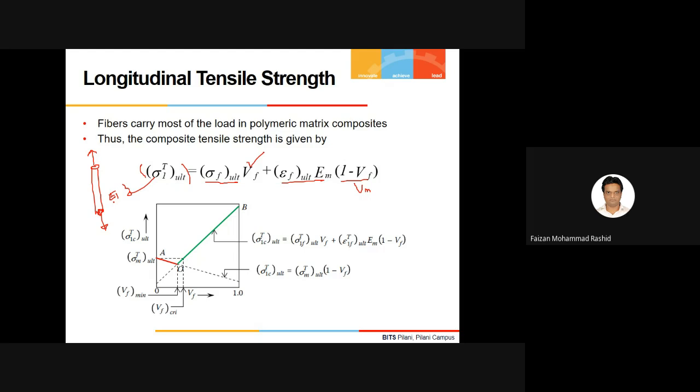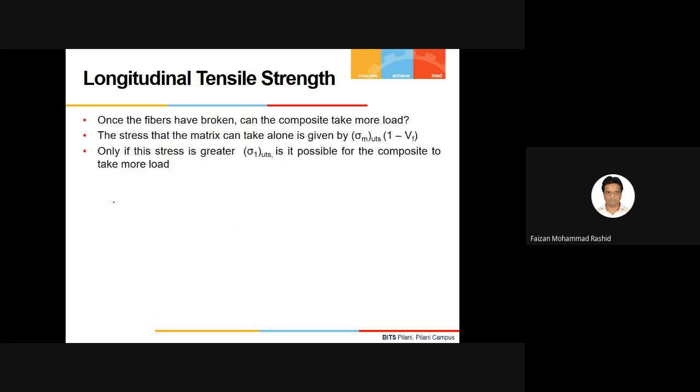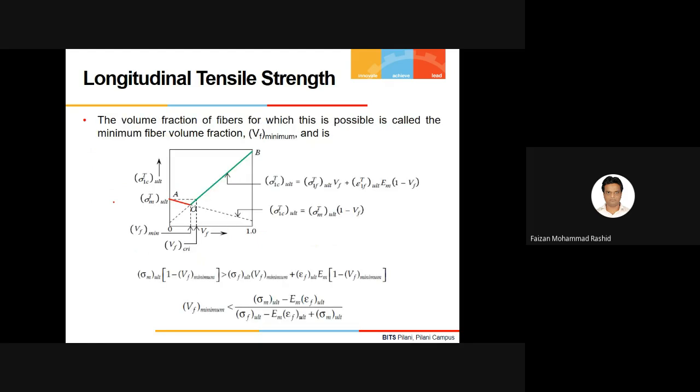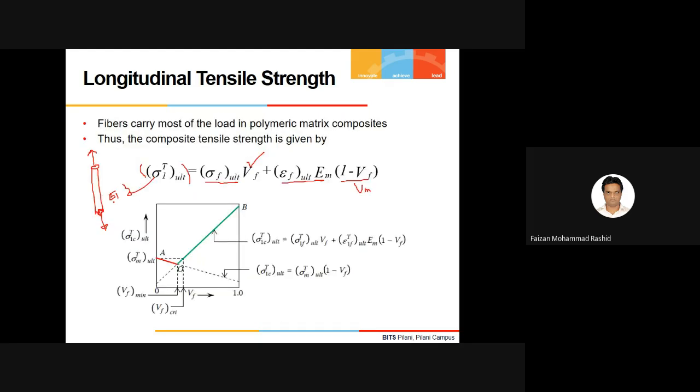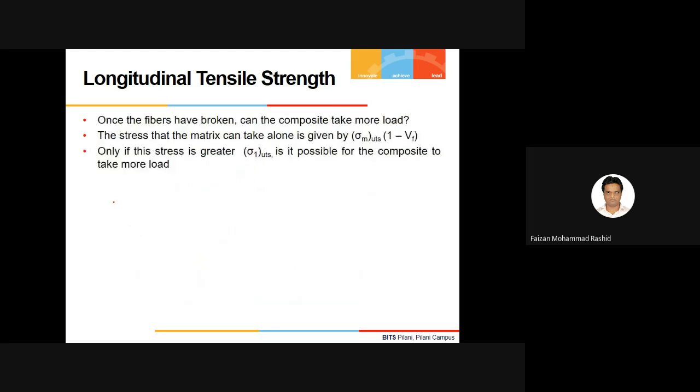Now there are a few things here that are very important to understand. Just assume that you have matrix material and you have fibers in it. What will happen if you apply load in the longitudinal direction? The fibers are going to bear more load, take more load, and let us say the fiber fails.